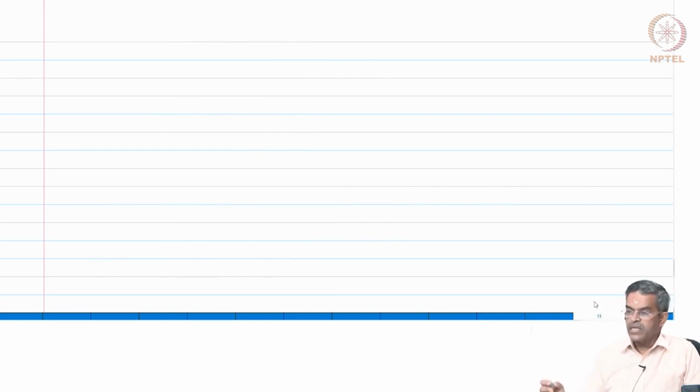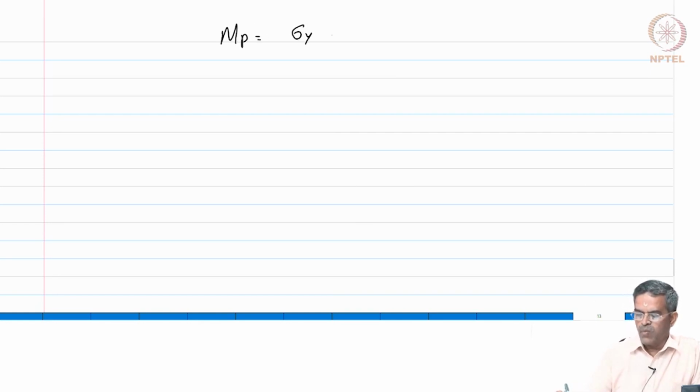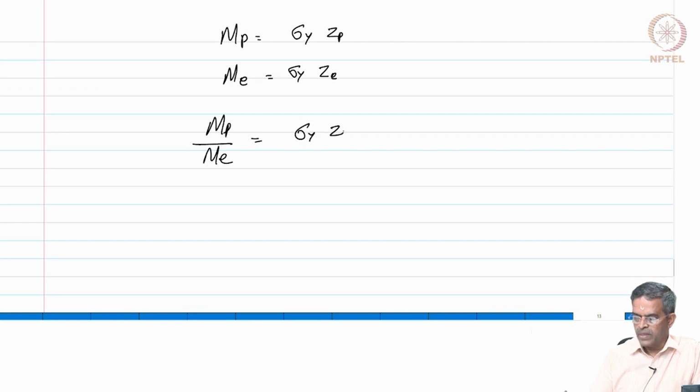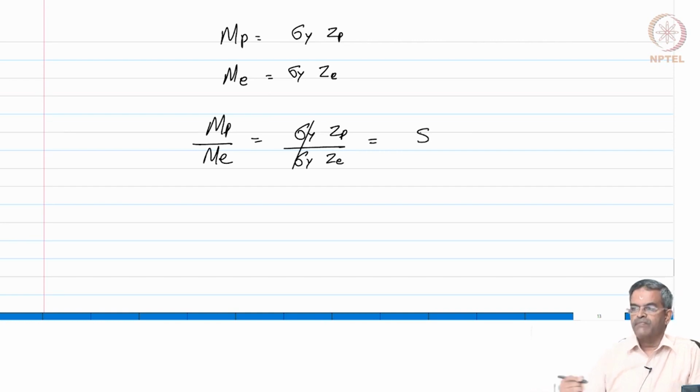So, we will also try to expand this. Let us say MP is sigma y ZP, M elastic is sigma y Z elastic. So, let us say MP by ME is sigma y ZP by sigma y ZE, which gives me the shape factor.